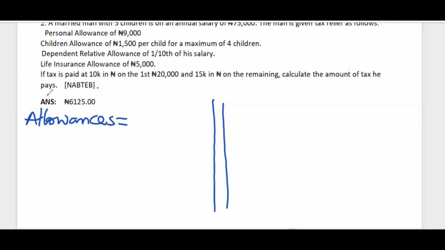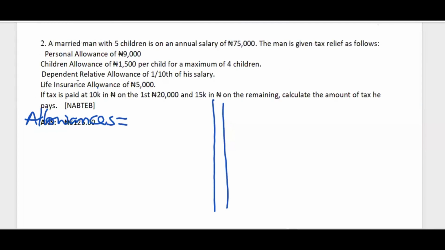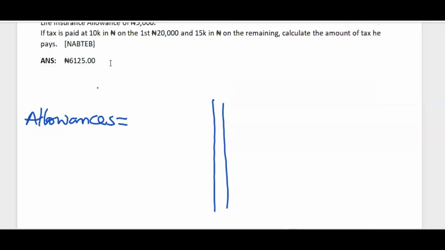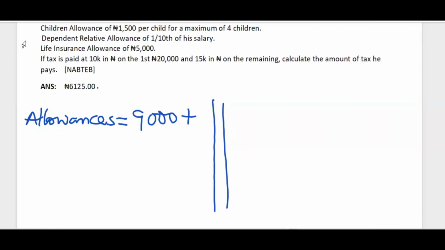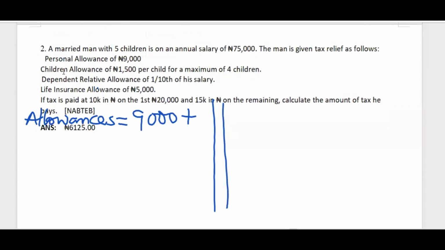So the first part we are doing is the personal income allowance of 9,000. Let's add it. 9,000 plus, if you look at the next allowance, this is a children allowance.